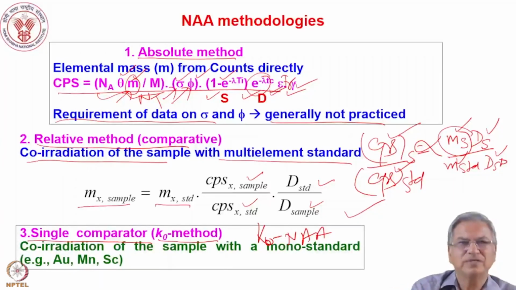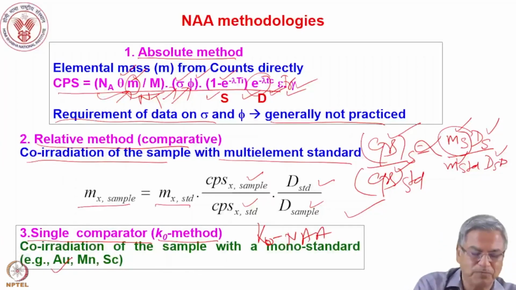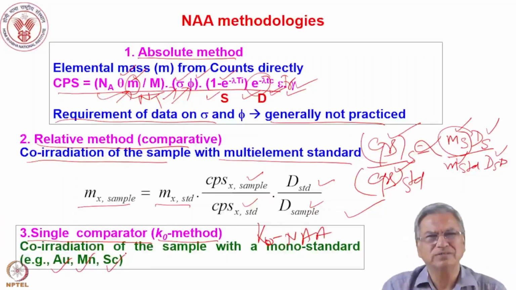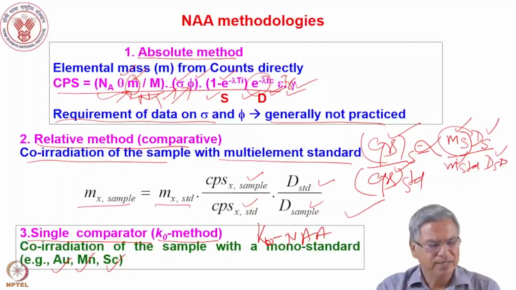But if you have the single comparator method, then you determine the concentration of all the elements with respect to the single comparator. Like gold you can use as a single comparator, or manganese or scandium. So you irradiate a gold standard with the sample, and you determine the gamma ray activity of gold and the sample.